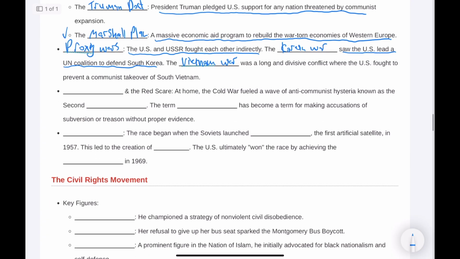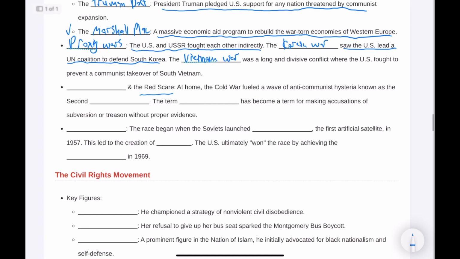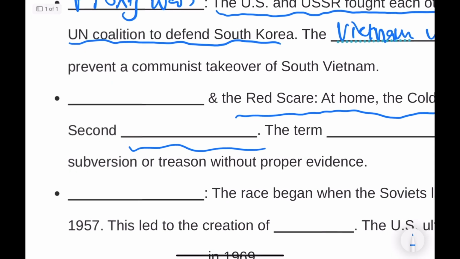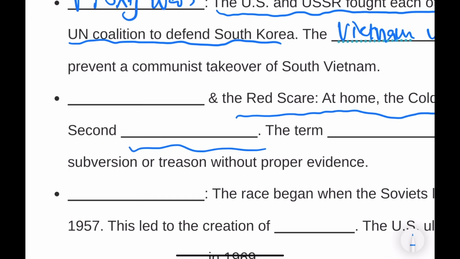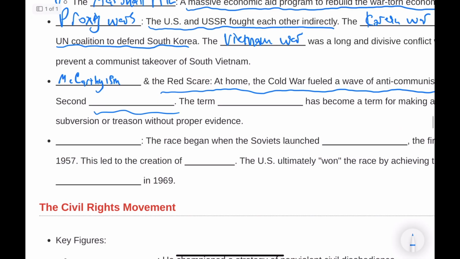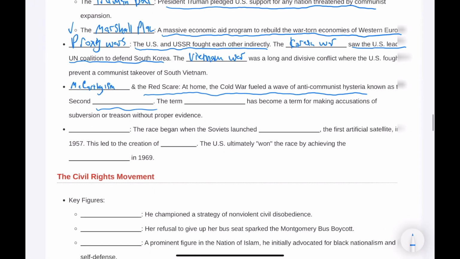Moving on, we have the Red Scare at home. The Cold War fueled a wave of anti-communist hysteria known as the Second Red Scare, which is McCarthyism.